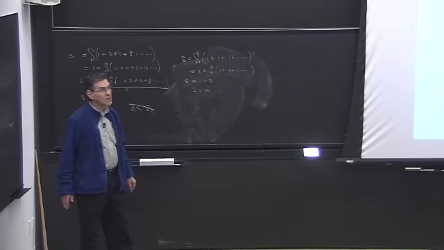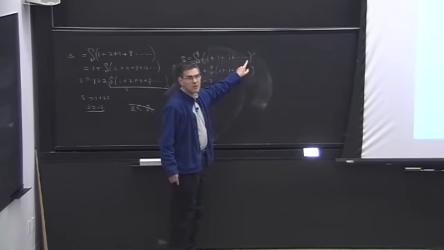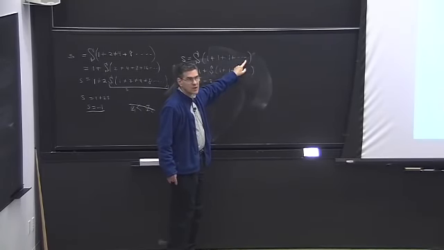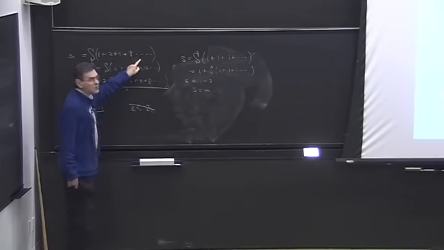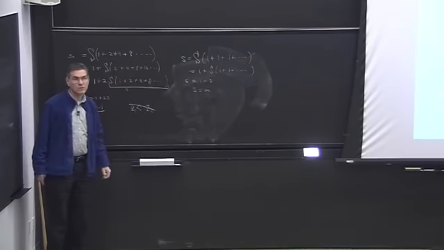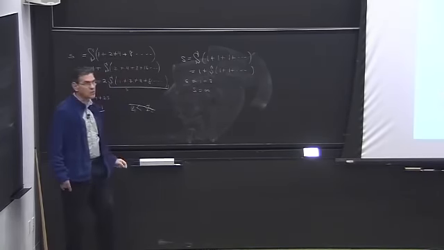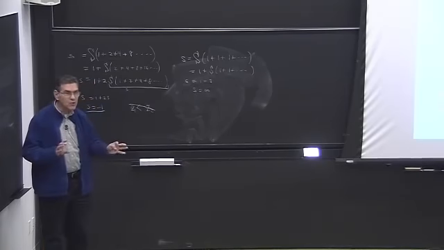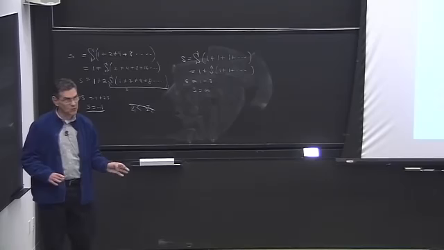Now, you might say, wait a minute, every number in this series is smaller than every number in this series, except for the first number. They're all smaller. So why is this answer bigger than that answer? And once again, you can't use bigger than or smaller than arguments when you're talking about divergent series.